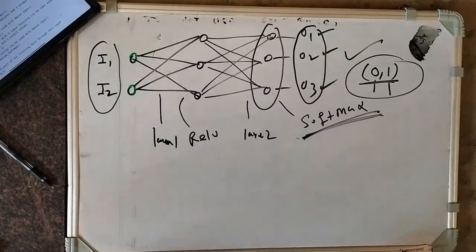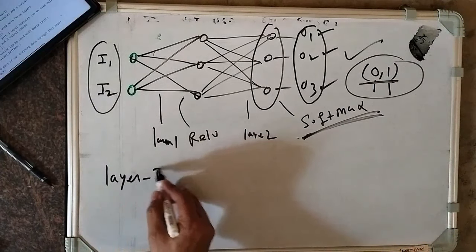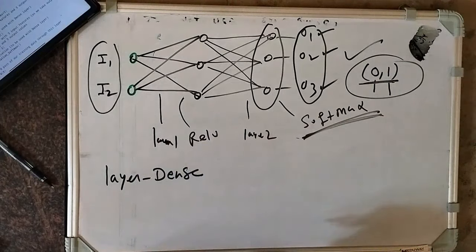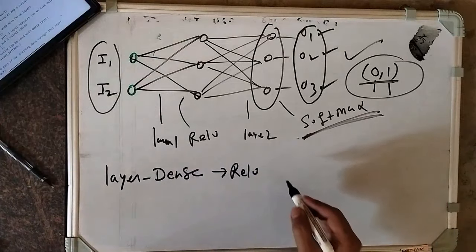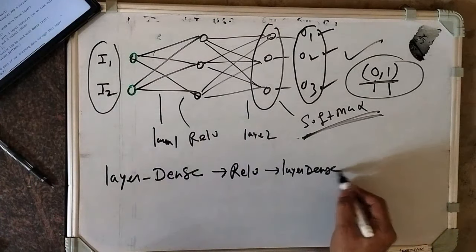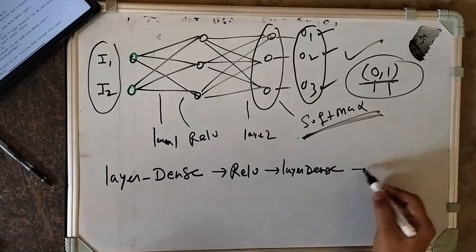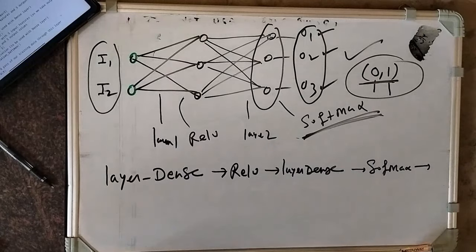So we are using softmax at last. This is very important. What we are doing is using layer dense, then ReLU, then again layer dense in my program, then softmax, and at last we are getting the output result.